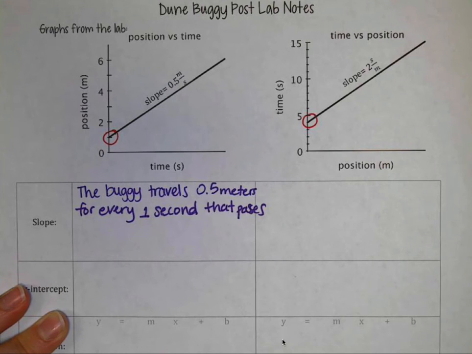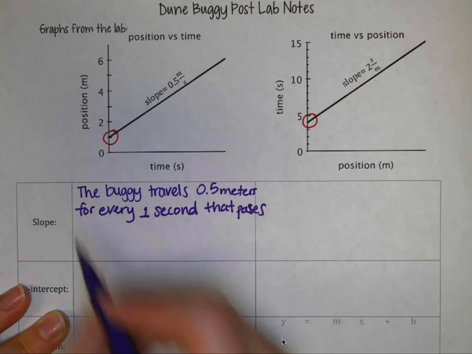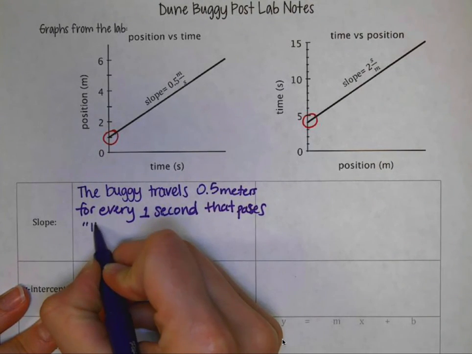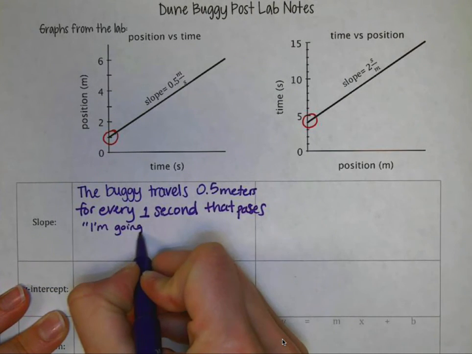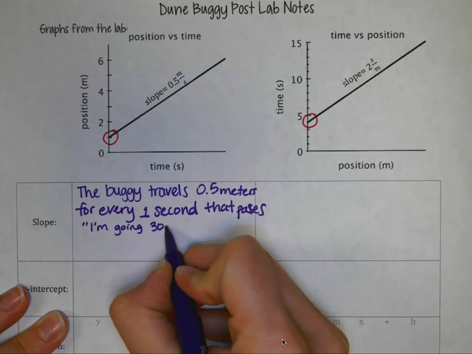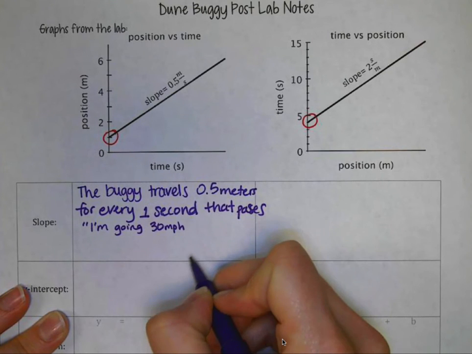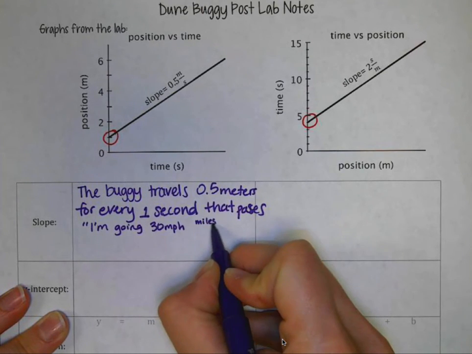Or in general, you kind of hear things like, I'm going 30 miles per hour, or mph as we say it, but really that means miles over hours.